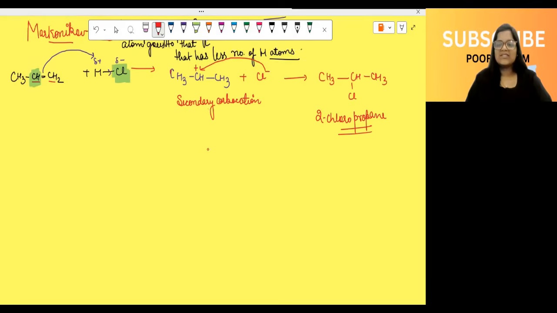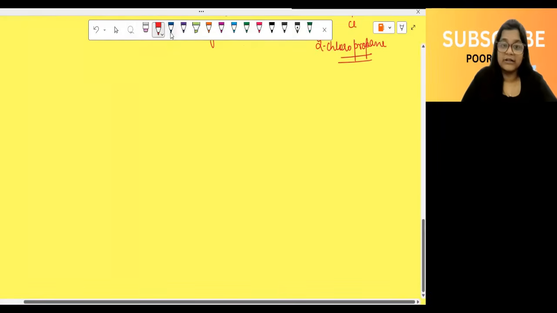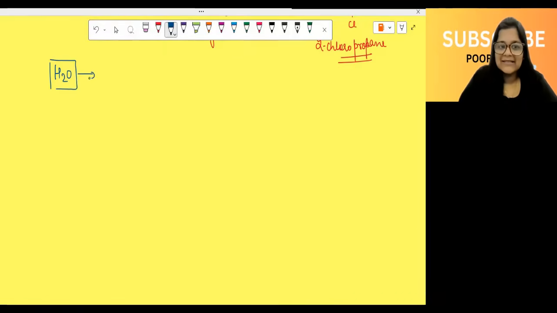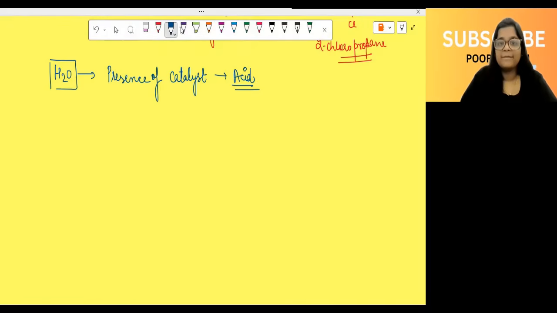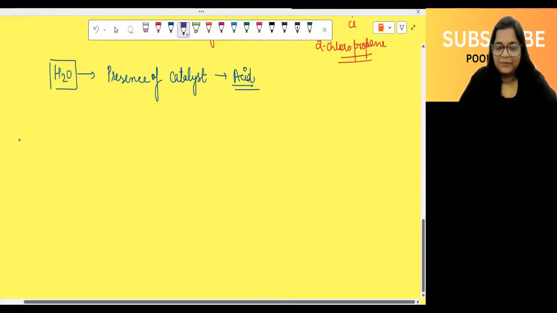Perfect. Now, let's do the mechanism for water, which is H2O. Now, this addition is done in the presence of a catalyst. And what is the catalyst over here? Acid, right? Same thing.